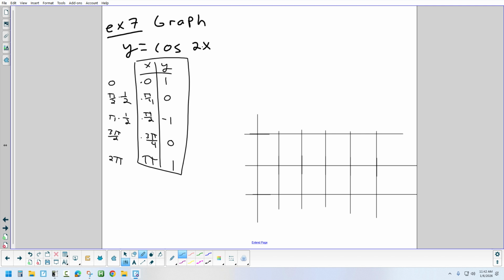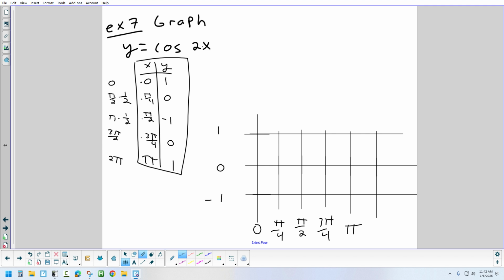Let's make our graph. So 0, 1, -1. Start at 0. And these are all going to be labeled using the labels in the x column. 1 pi over 4, 2 pi over 4, 3 pi over 4, 4 pi over 4.